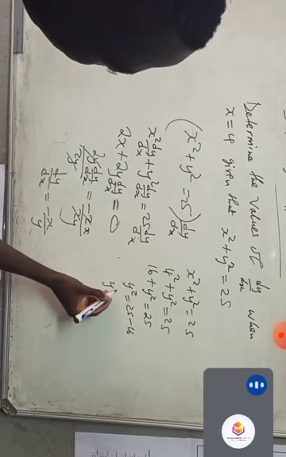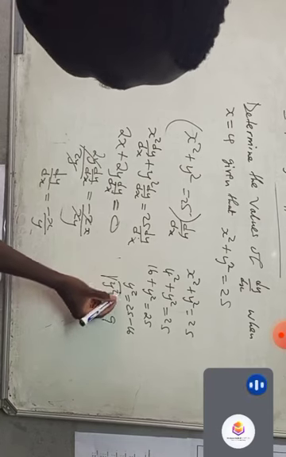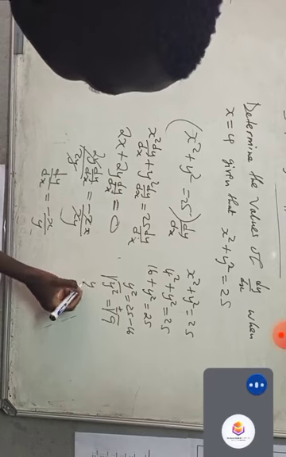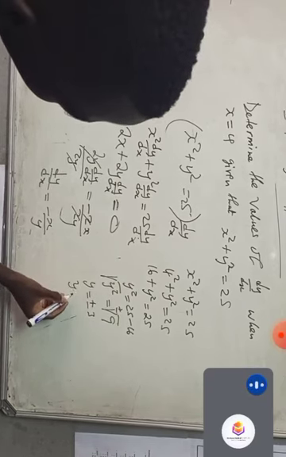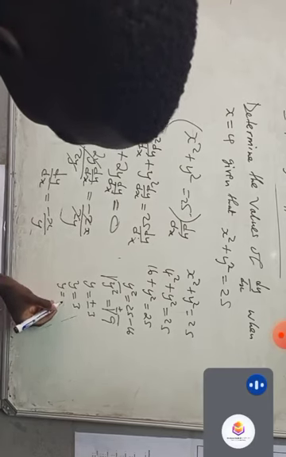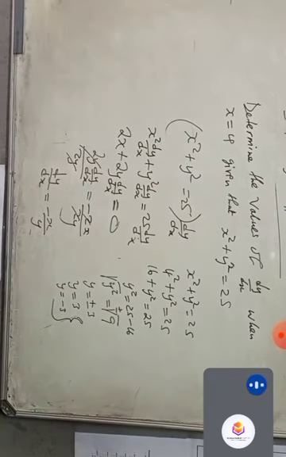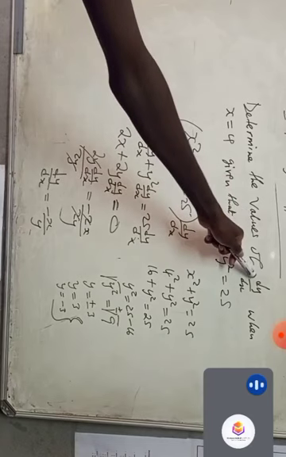So y squared equal to what? This is 9. Then square root both sides, positive or negative. So we have y equal to positive or negative 3. So we have y equal to 3 and y equal to negative 3. So we have two values of y. So now we want to find the values of dy/dx.